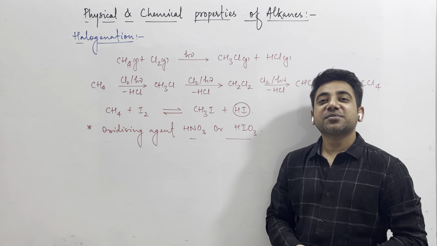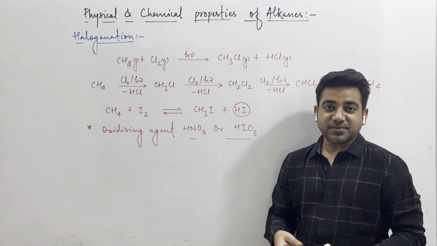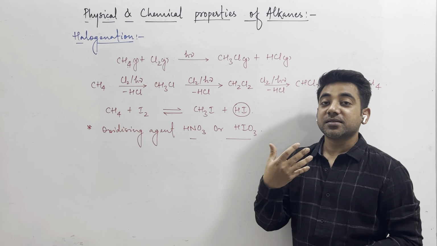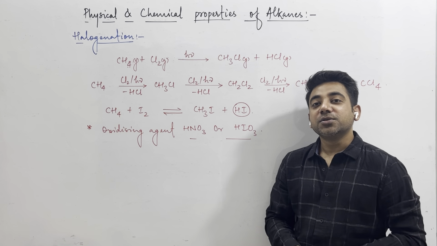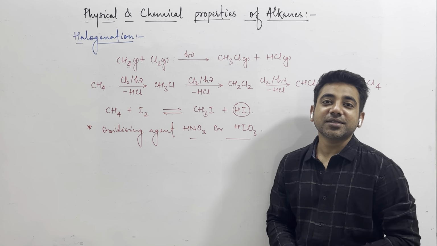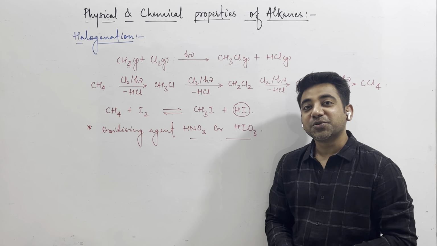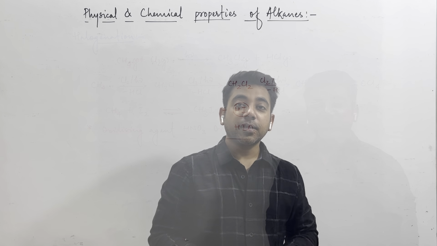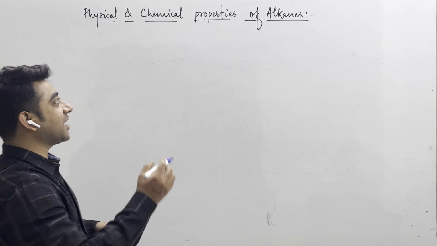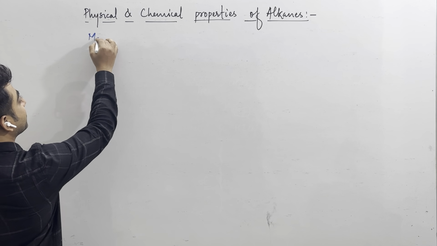Although mechanism, everywhere it is in your syllabus, where it is part of your portion, you must go for it, because mechanism gives more insight into the reaction and you will be more clear about the topic. So let's see the mechanism of chlorination reaction.